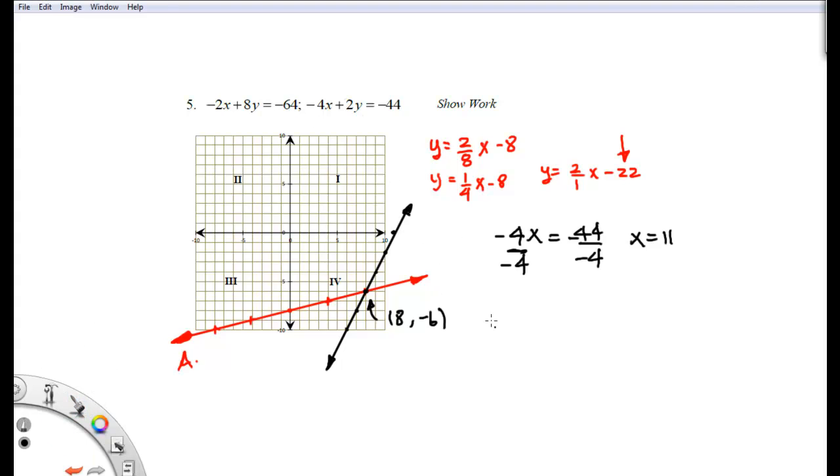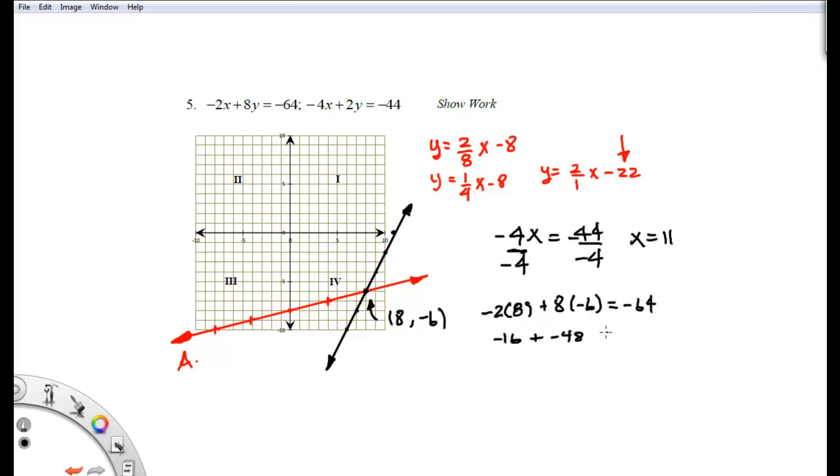So I have -2 times x, which is 8, plus 8 times y, which is -6, and that has to equal -64. So -2 times 8 is -16, plus 8 times -6 is -48.